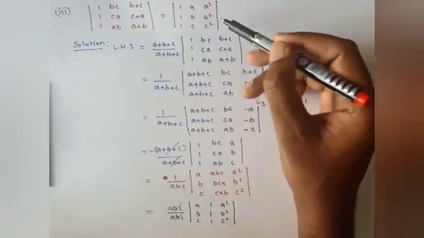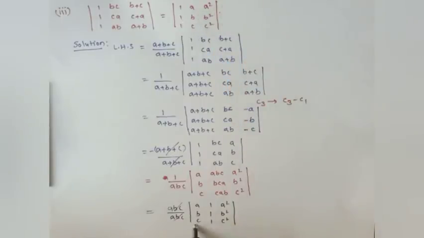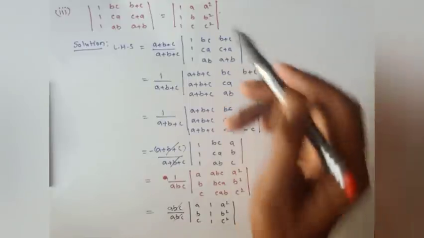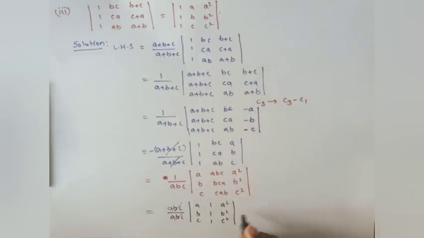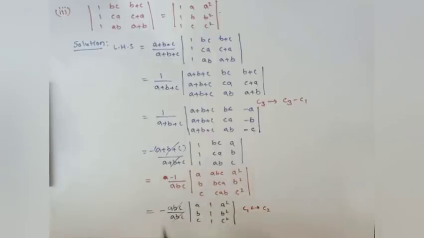Now you can observe this part. Then just interchange these two columns, so that we get the RHS part, right? So here, just interchange C1 and C2. See, already the negative sign is there, minus, sorry, it is minus, and this is minus.